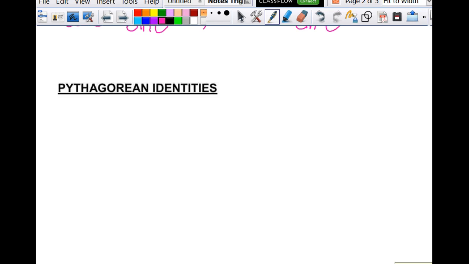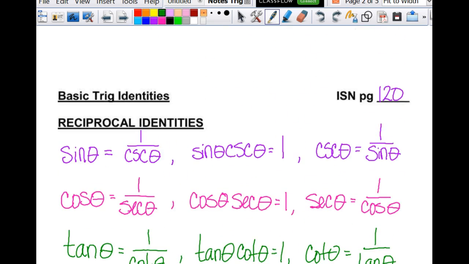All right, so then we have Pythagorean identities, and there's actually 3 of those. And instead of just knowing how we come up with them, we're going to look at where they are coming from. So up here at the top, I'm going to draw just the first quadrant of the unit circle, and I'm going to draw in a triangle.